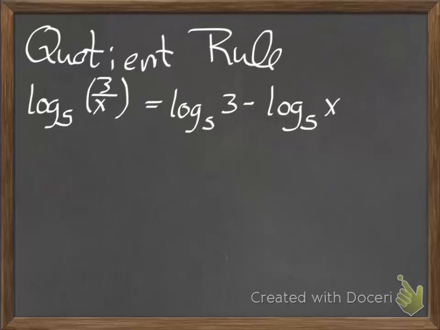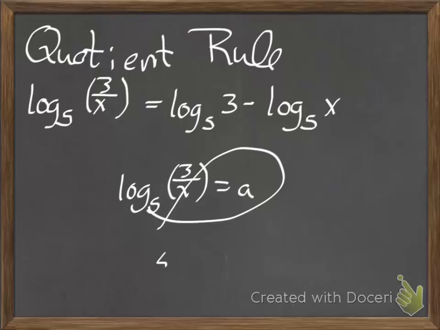So is the 3 an exponent to the 5, or is it just a number beside it? Okay, so what that really is, oops, I was making up another variable. When I rewrite it, that's 5 to the a equals 3 over x.